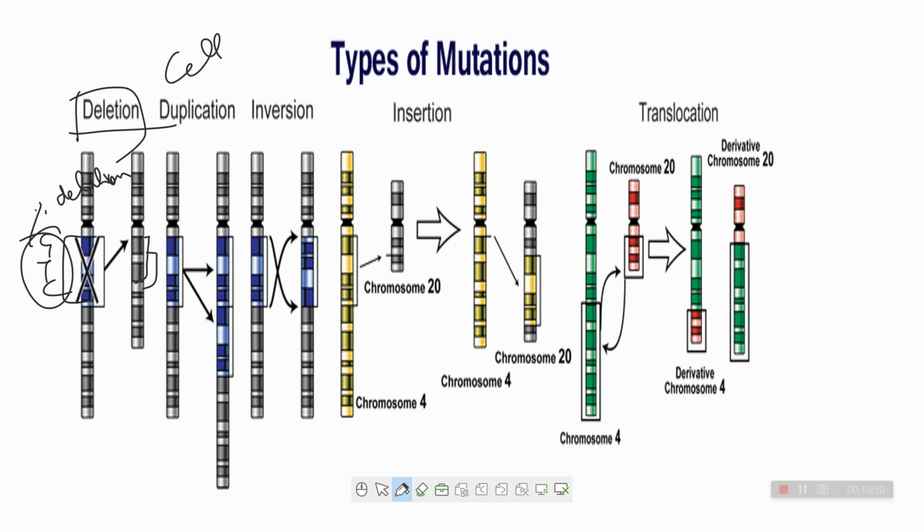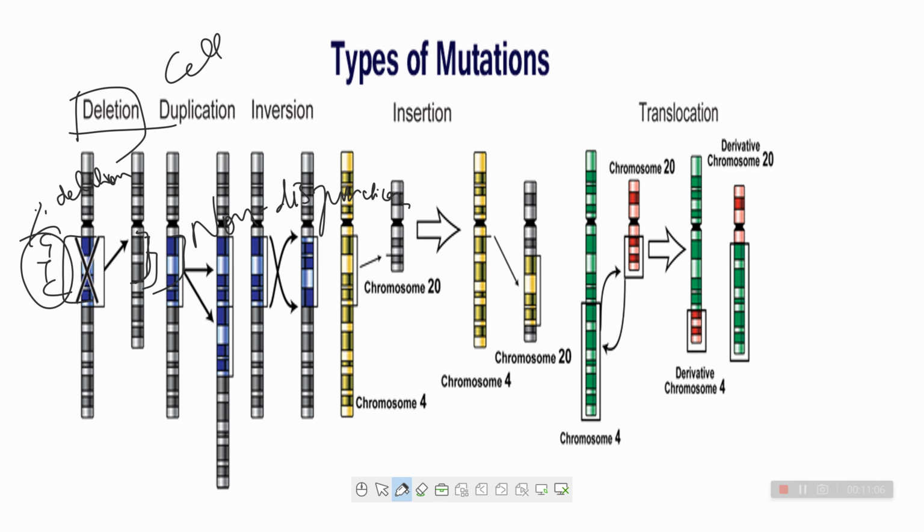By this process, gene duplication happens. So here there is a duplication of the gene due to nondisjunction. Mainly this process happens in old age people.